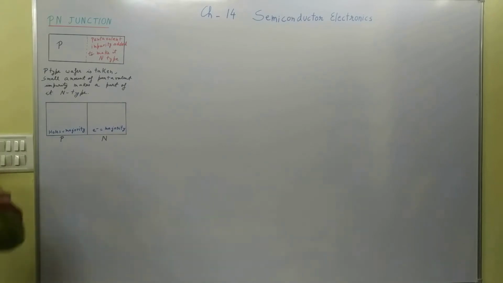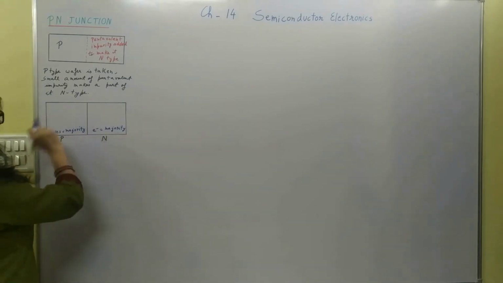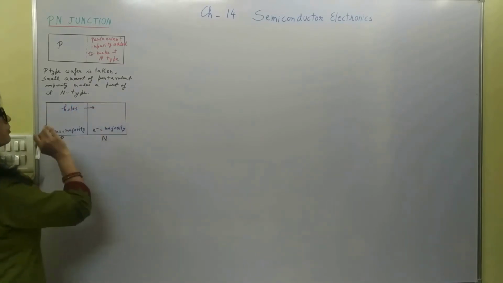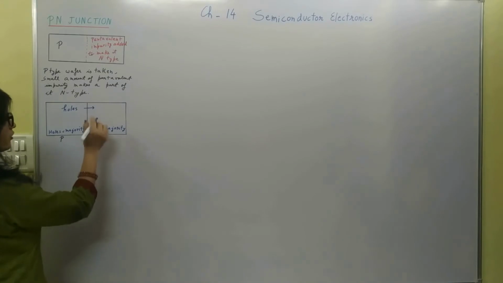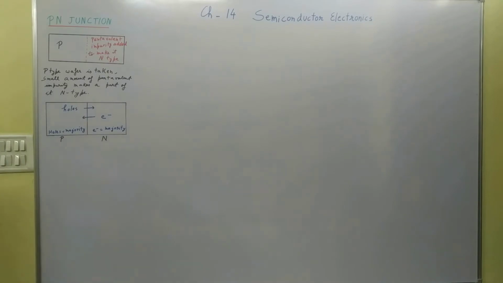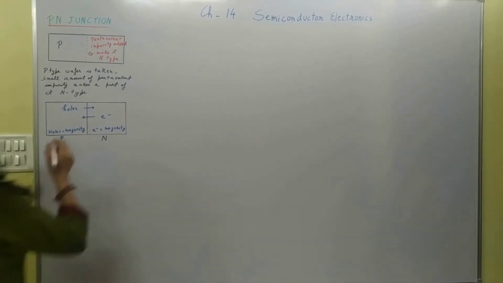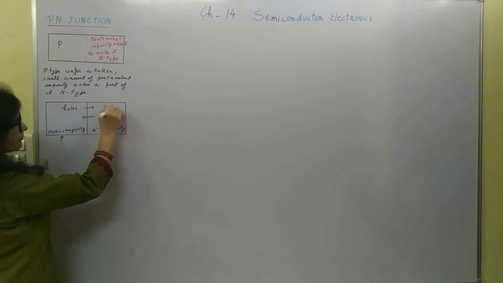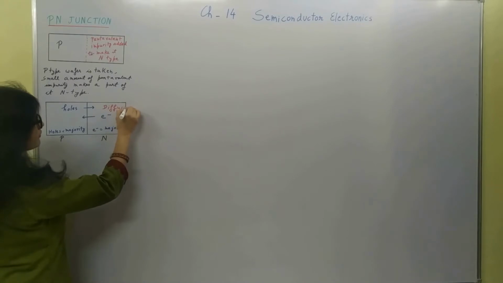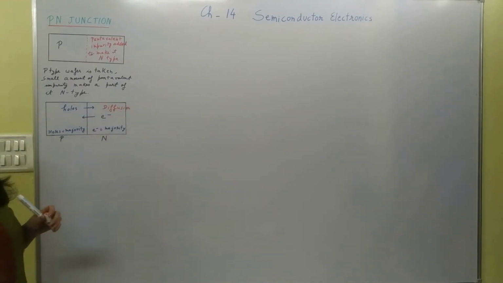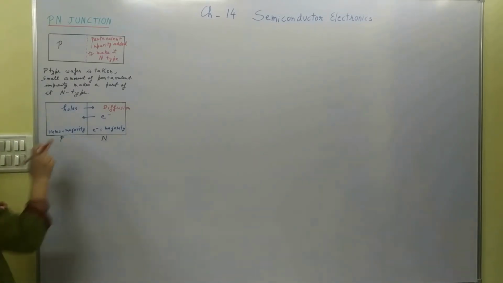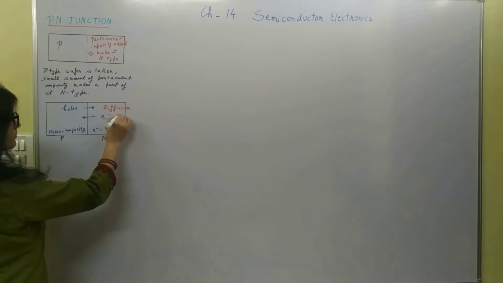So what happens is that these holes diffuse from the P to the N side, and electrons diffuse from the N to the P side. So this is diffusion. You have studied diffusion in biology or chemistry also along with physics. What is diffusion? Diffusion is the shifting from higher concentration side to lower concentration side. So this is diffusion, this is also diffusion.